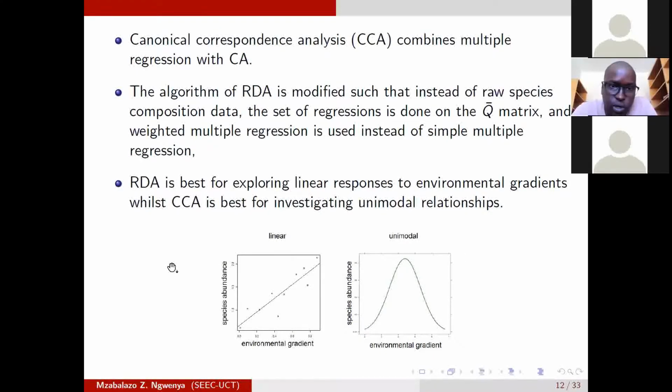You'd have to look at your data set and decide if it's a linear or unimodal relationship. I have not covered it here, but there's a rule of thumb and a test for deciding whether you should use linear ordination methods or unimodal methods.